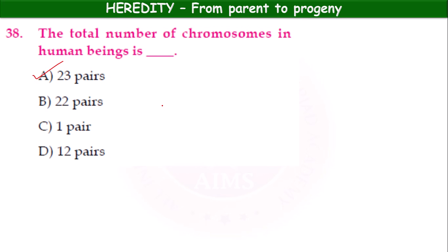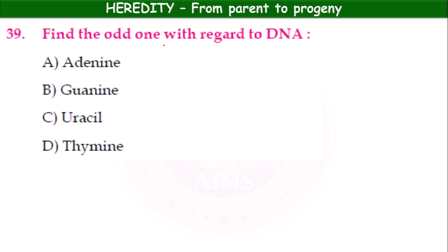The total number of chromosomes in human beings is 23 pairs, 22 pairs, 1 pair, or 12 pairs. Option A, 23 pairs. Find the odd one with regard to DNA: adenine, guanine, uracil. DNA means deoxyribonucleic acid. These are the nitrogen bases present in DNA: adenine, guanine, thymine, cytosine.